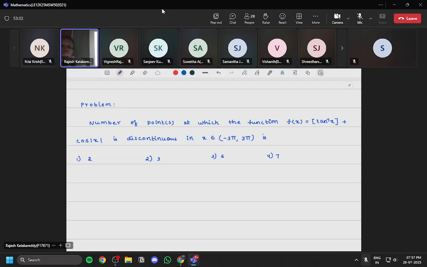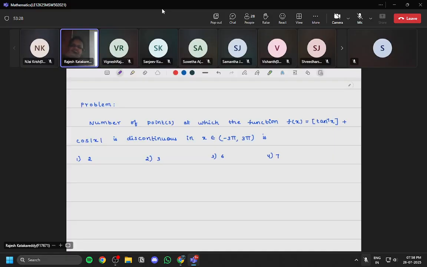Let's go to the graph. A differentiable function is said to be increasing if its first derivative is greater than or equal to zero, equal at a few points. First derivative of tan inverse x is 1 by 1 plus x square, always greater than 0, so it is an increasing function. That means no turning points.